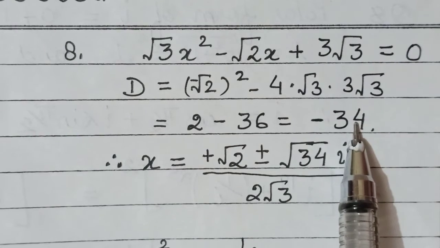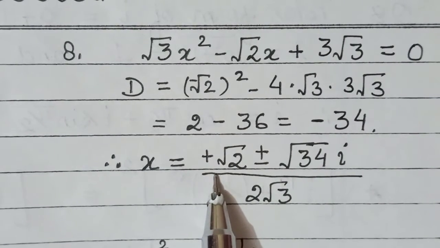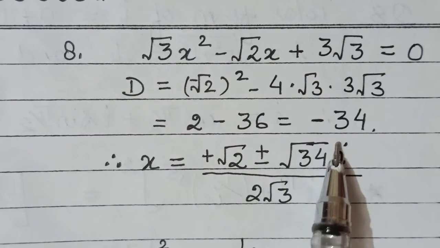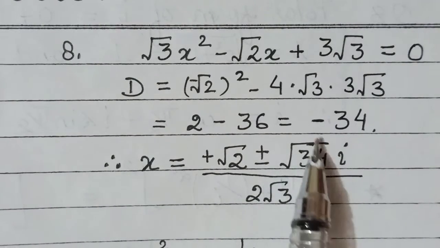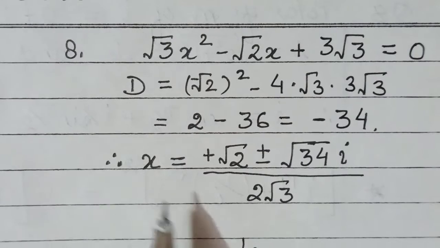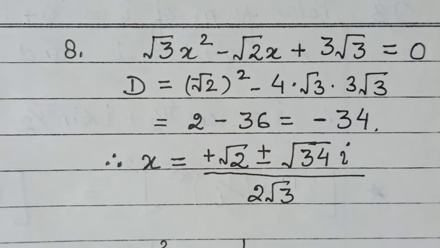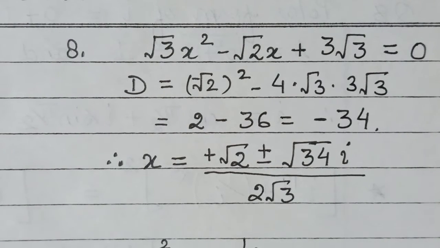So minus of 34. Putting the value, minus of b, minus minus becomes plus root 2, plus minus under root 34 i because of the negative sign, upon 2a. Straight away your solution. So if you know your quadratic formula, and we know that under root of minus 1 is to be written as i, we know our solutions.